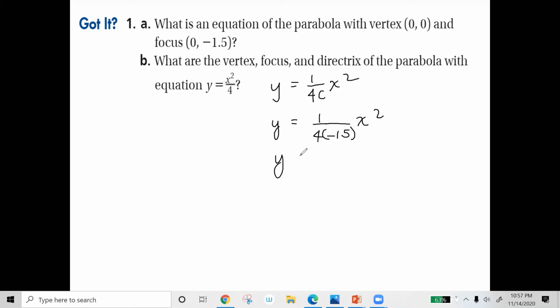Then simplify. y equals 1 over, what is 4 times negative 1.5? It will be negative 6, and we have x squared. So our equation is y equals 1 over negative 6 times x squared.